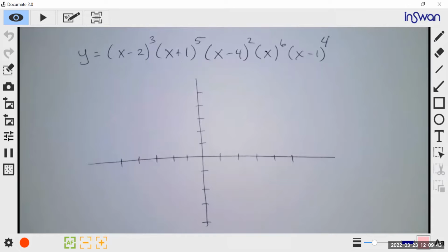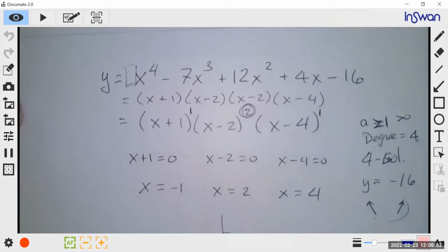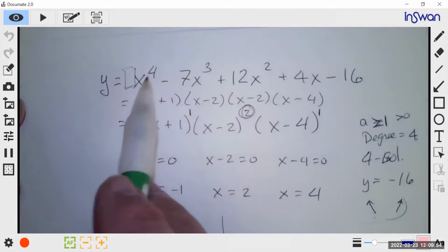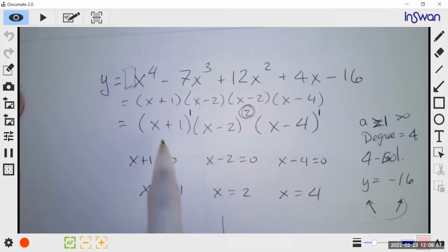First, what's our degree? Let's look at our last example. The degree of this one is 4. But let's look at it from this part. How do we get 4 from this?